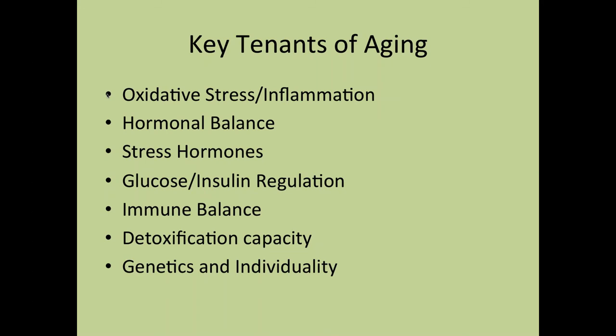A few of the markers I want to talk about tonight are to get a handle on what's going on with inflammation in general within the arteries, at the mucosal membrane, as well as in areas like the kidneys, which I've talked about before in some of my talks. So there are all these different areas: oxidative stress and inflammation, hormone balance, stress hormones, glucose and insulin regulation, immune balance, detox capacity, genetics. We're going to really focus on how to look at inflammation.